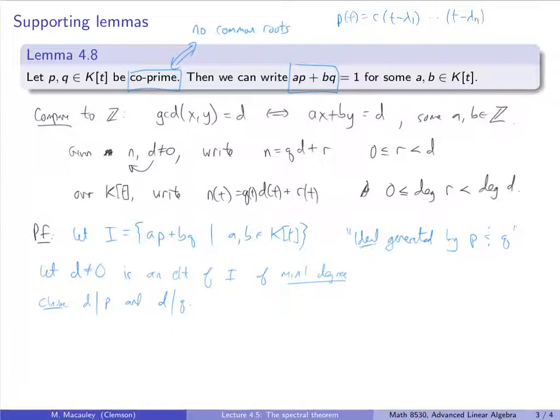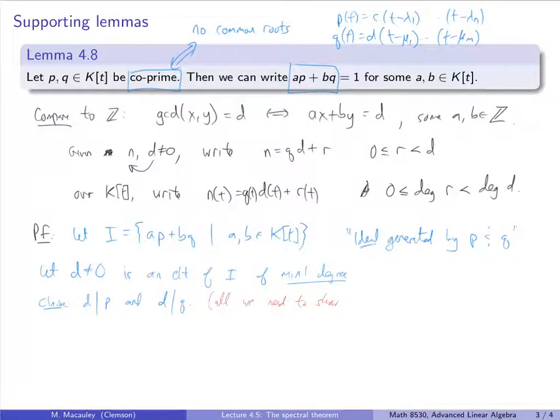Say lambda 1 up to lambda n, and say that Q of T is D times T minus mu 1 up to T minus mu m, and these are all distinct. If we have a polynomial that divides both of these, that polynomial has to be constant. So this is all that we need to show.